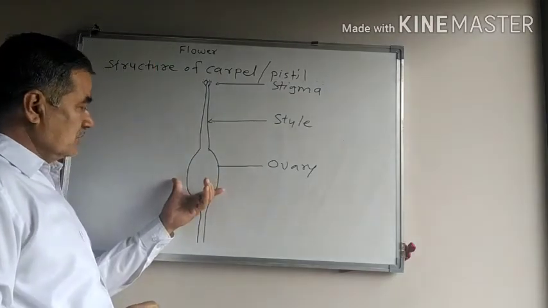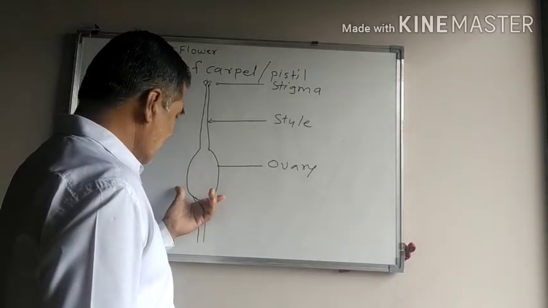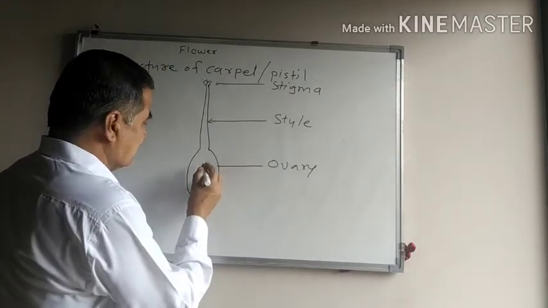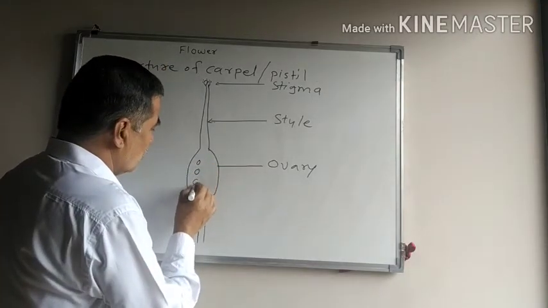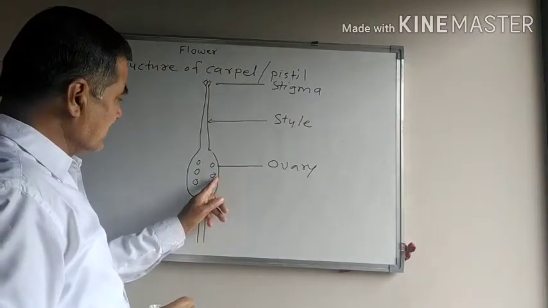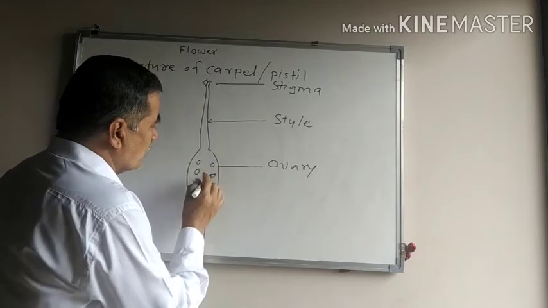The lowermost swollen portion of the gynoecium is known as the ovary. Ovary consists of the ovules. This ovary consists of the placenta, and on this placenta, the ovules are present.